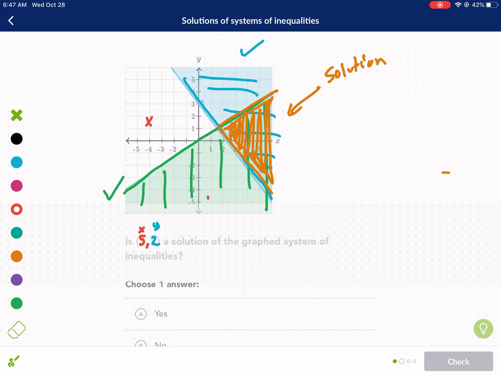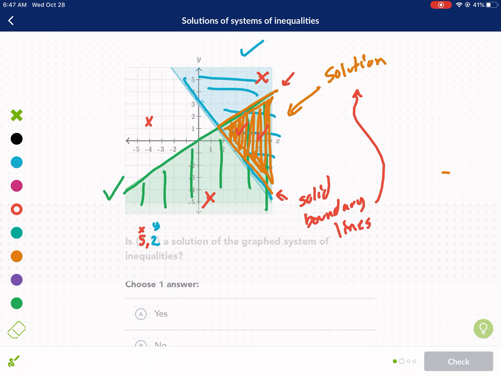Here would be a solution to the green, but it's not a solution to both of them. Here would be a solution to the blue, but it's not a solution to both of them. The only place where it is a solution is anywhere in the overlap or on the lines, because we have solid boundary lines. And that means anywhere on the line is part of the solution.